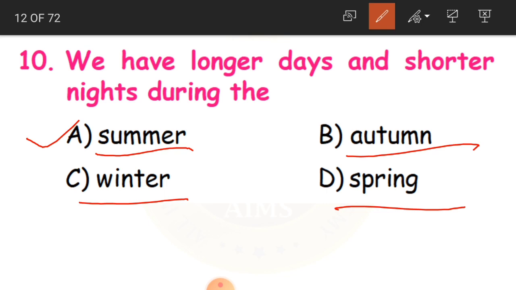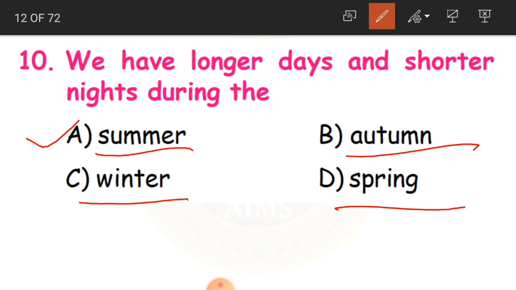See, in summers, even in the late evening like 6 and 6:30, you don't feel that much dark as you feel it in winter. The sky will still be bright because it is summer. So you feel that the days are longer and the nights are shorter, and at 5 o'clock in the early morning you can have a bright light.